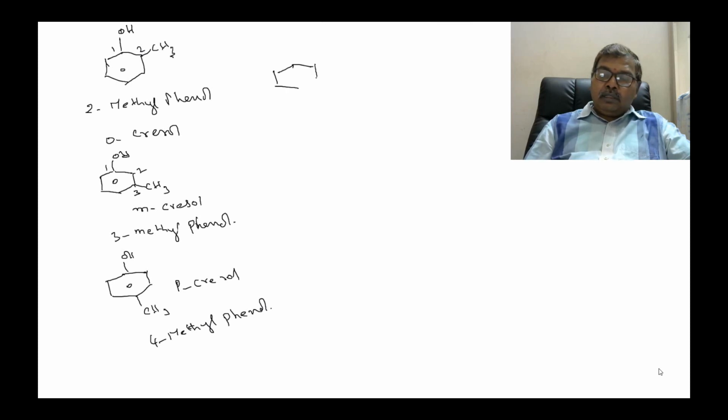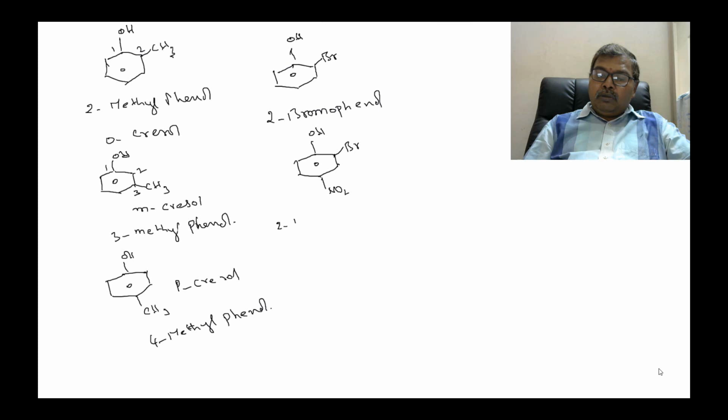Similarly, OH group, bromine is present, then it is 2-bromophenol. Now, for example, this is the OH group. Here bromine is there, NO2 group is there, for example. Then it is 2-bromo-4-nitrophenol.